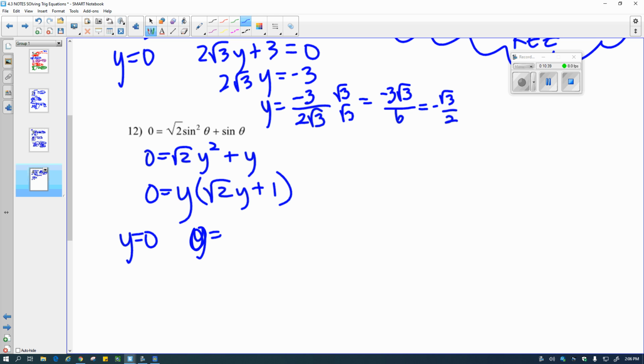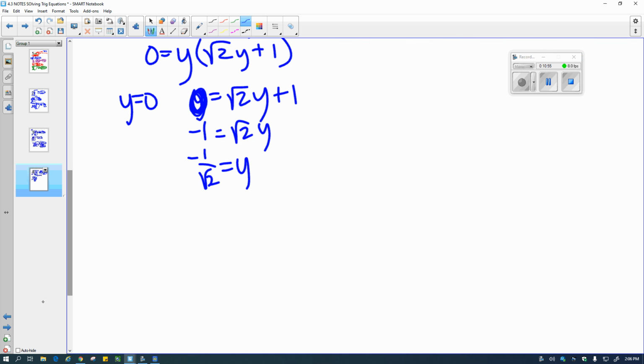Oops, sorry, that was 0 equals the square root of 2y plus 1. So negative 1 equals the square root of 2y. Negative 1 over the square root of 2 equals y. Again, I'm going to have to rationalize the denominator on that. Multiply the top and the bottom by the square root of 2. Negative square root of 2 over 2.